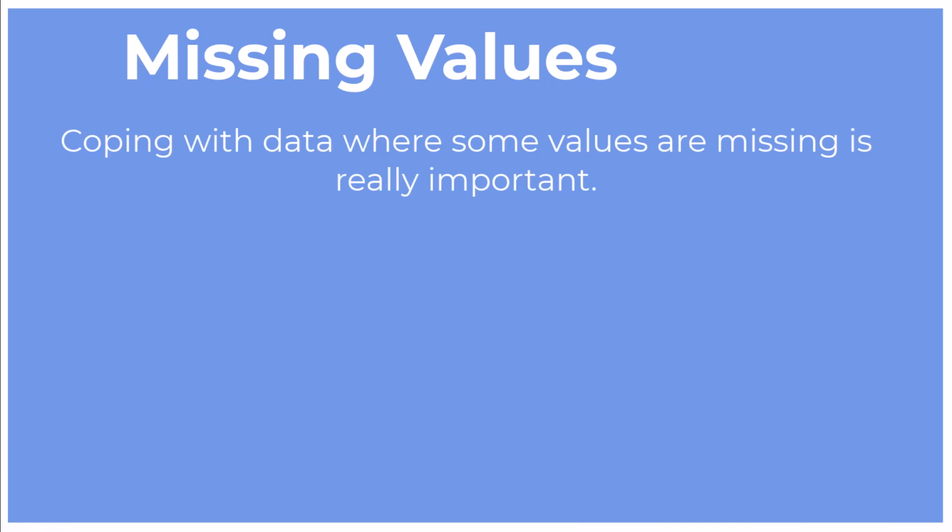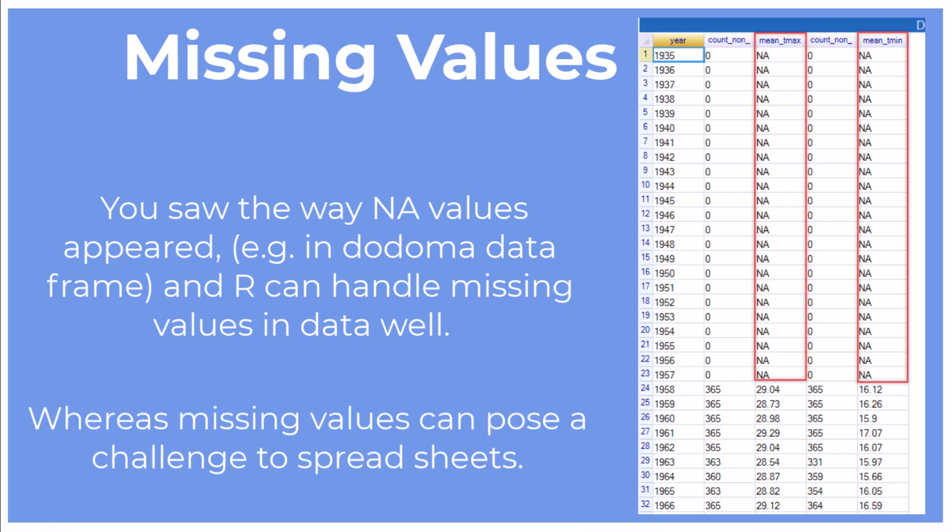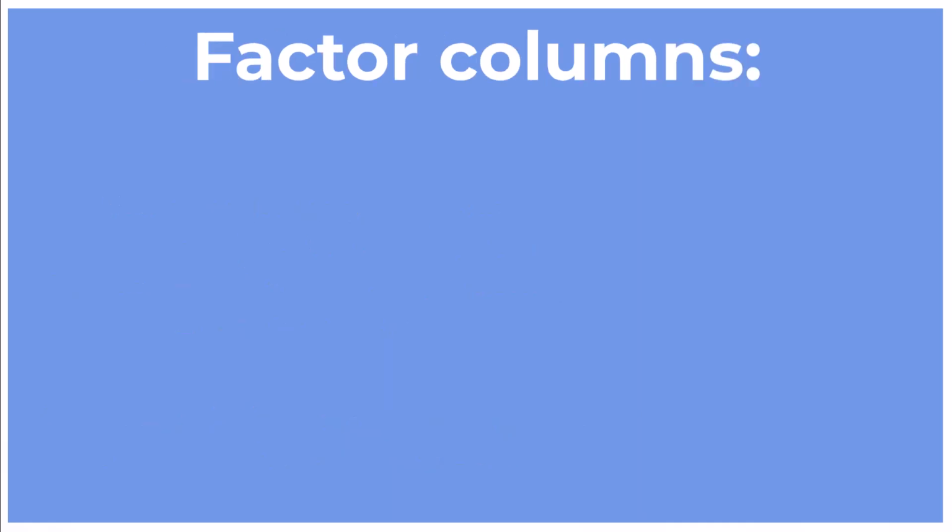Then we have the missing values. Coping with data where some values are missing is really important. You saw the way NA values appeared in Dodoma data frame, and R can handle missing values in data well, whereas missing values can pose a challenge to spreadsheets. Then we had the factor columns. They are for categorical data.